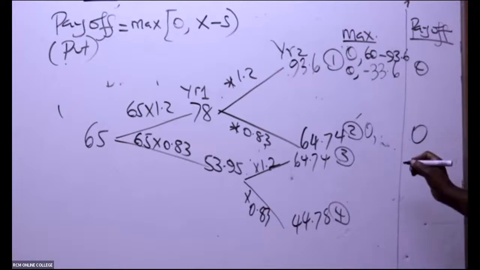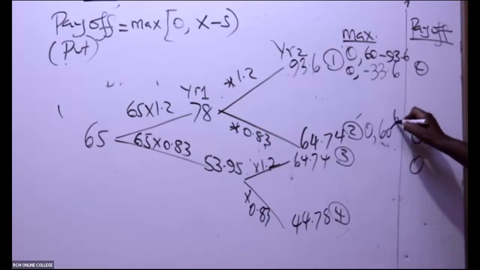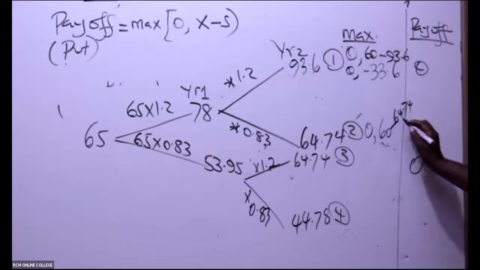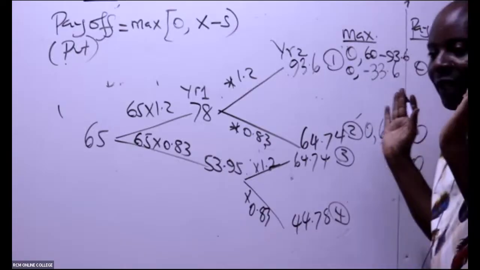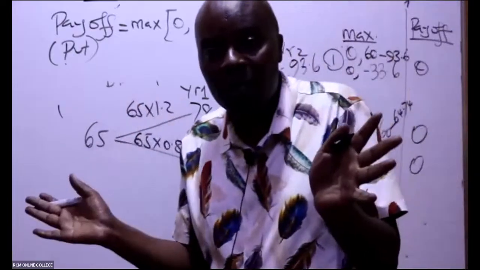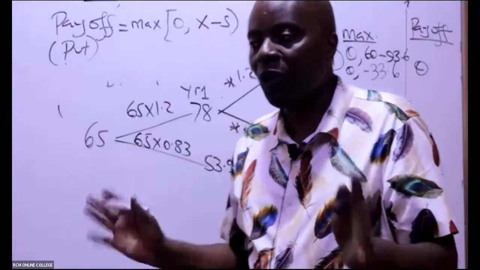So I'll talk of 0, comma, exercise is 60 minus this 64 point. And as Evans is telling us, this one gives me a negative. So I'm going to choose 0 for my payoff. I would rather not get anything than make a loss. That is the concept of options.